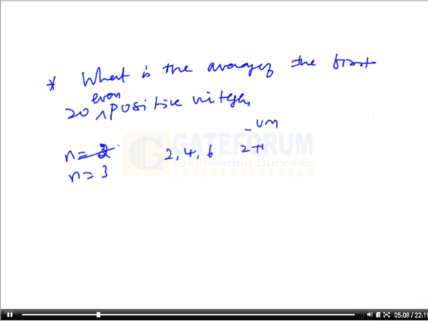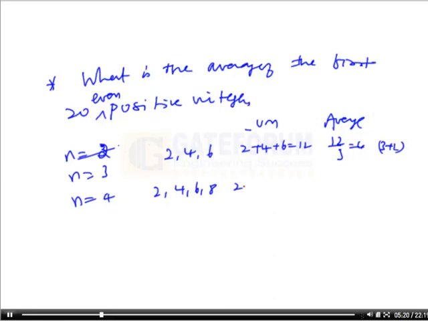The sum will be 2 plus 4 plus 6 is 12. The average will be 12 by 3, 4, which can be written as 3 plus 1. Let us take the first four numbers, 2, 4, 6 and 8. So that will be 12 plus 8, 20, and the average will be 5, which is 4 plus 1.